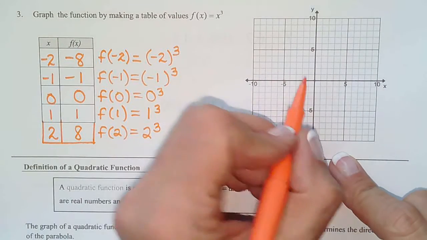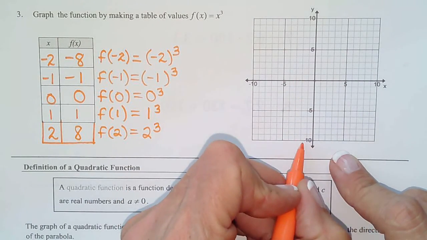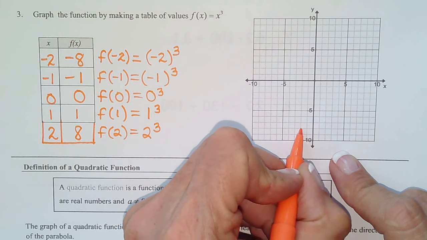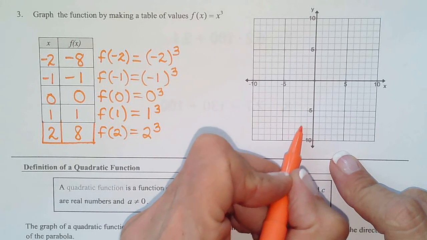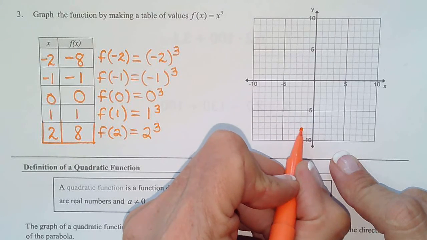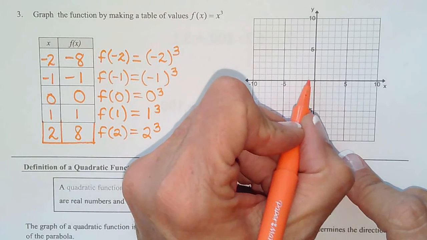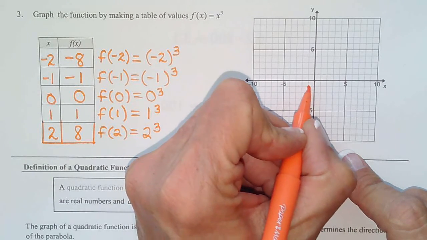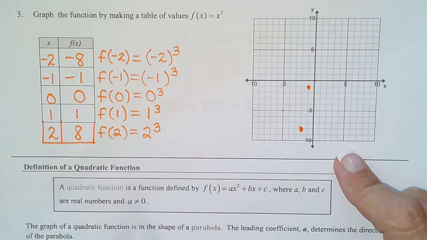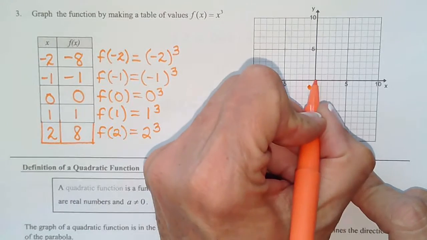So -2 goes down to -8, which would be right here, 5, 6, 7, 8. So -2, -8. Our next point is -1, -1 on the y, so -1 on the x, -1 on the y, then 0, 0.